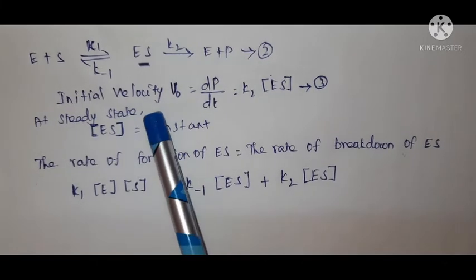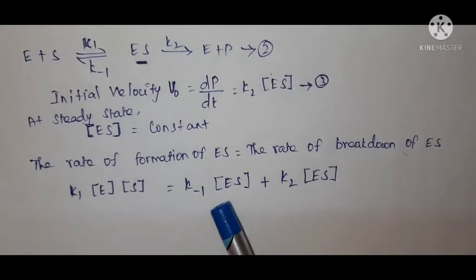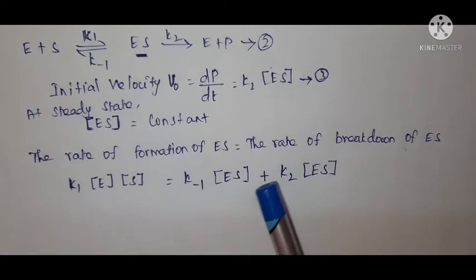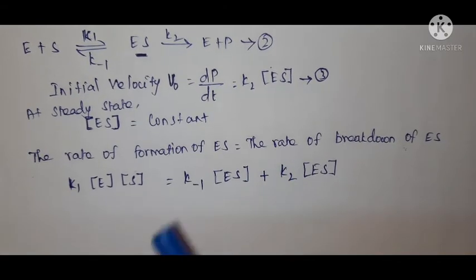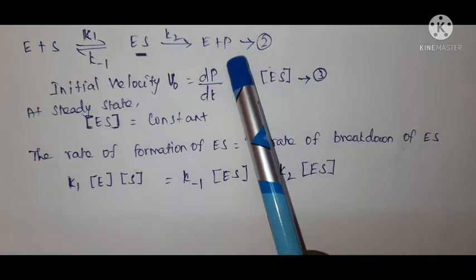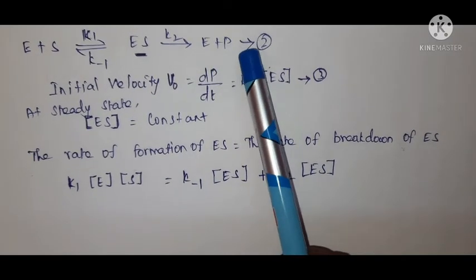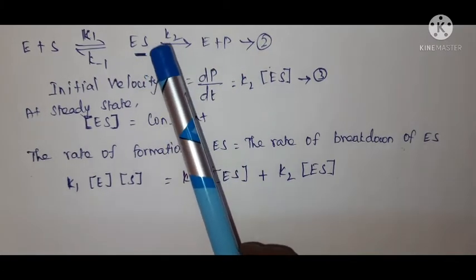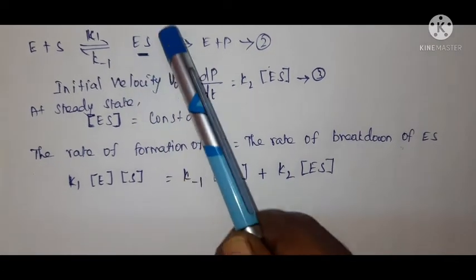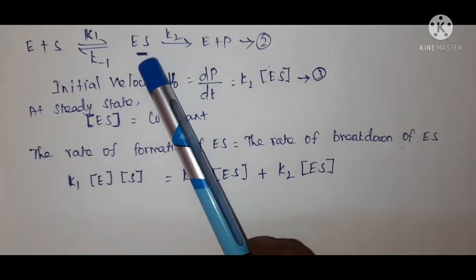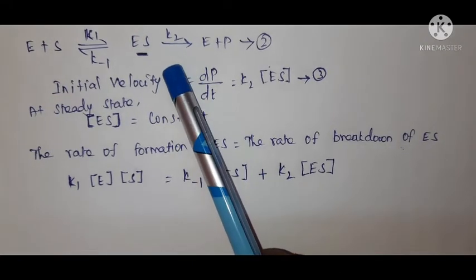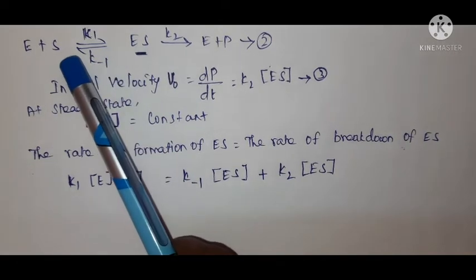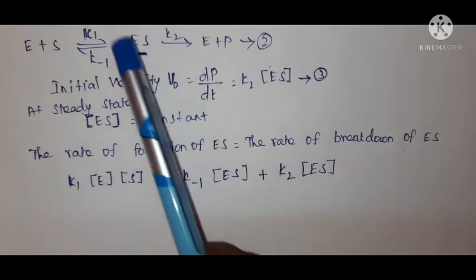This steady state is usually established within milliseconds of the start of the reaction and is maintained for a few minutes, until there is an increase in the product concentration. It means the enzyme substrate complex is formed and maintained at a steady state. That means it breaks down as fast as it is being formed.